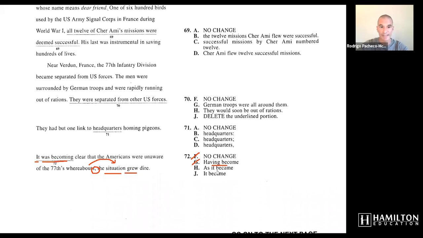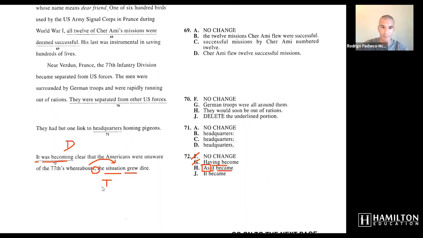H, as it became clear that the Americans were unaware of the 77th's whereabouts, the situation grew dire. So this is our correct answer. Because we have a subject, we have a verb, and we have a subordinating conjunction, or a subordinator, that's going to give us a dependent clause.